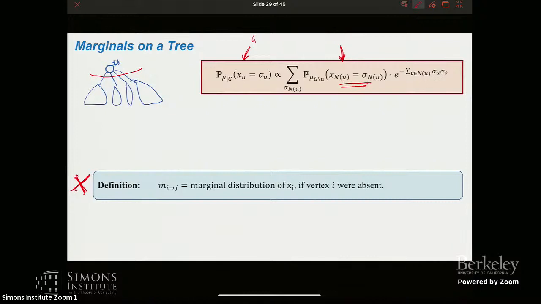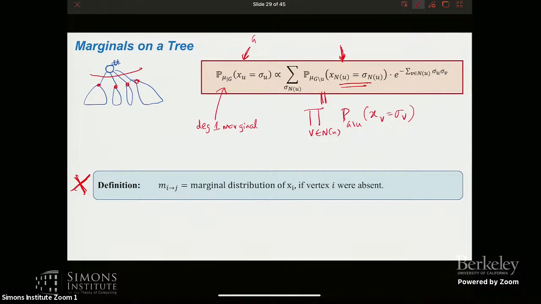Now we can figure out the joint distribution of the entire neighborhood in terms of just the individual marginals of each of the nodes in the neighborhood. So this quantity in a tree becomes a product over all the neighbors, each neighbor being assigned its value. In a tree, we have this huge simplification, and now we really have a nice recursion, because the left-hand side is a degree 1 marginal.